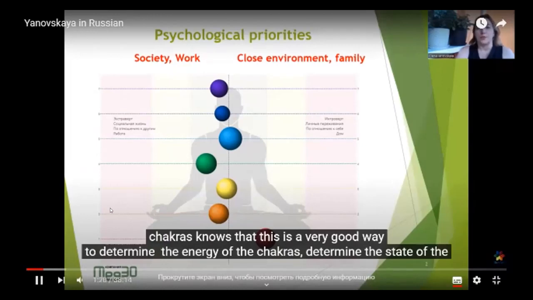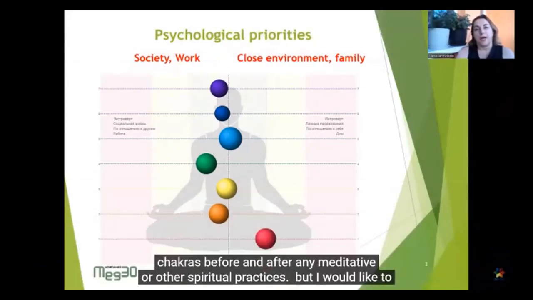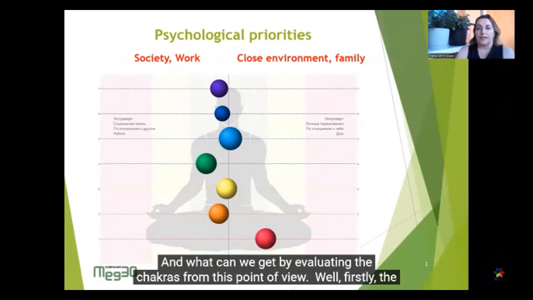Everyone who uses chakras knows that this is a very good way to determine the energy of the chakras, to determine the states of the chakras before and after any kind of practice or meditation or spiritual practices. But I would like to talk to you about it today from another point of view, from an energy point of view. And what can we get by evaluating the chakras from this point of view?